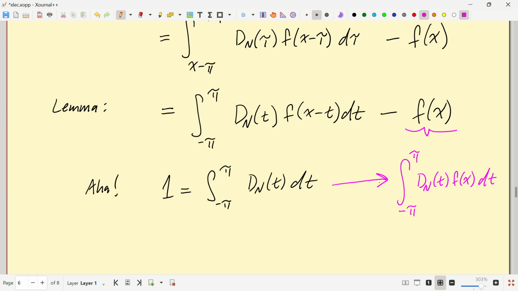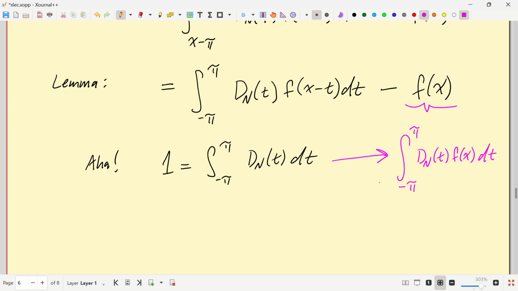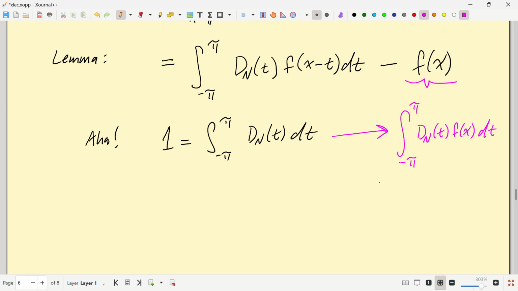So that's a kind of crazy way to write 1 times f of x. And f of x is a constant in that integral, so I could pull it out front. And so now I finally get something that's simple to write.